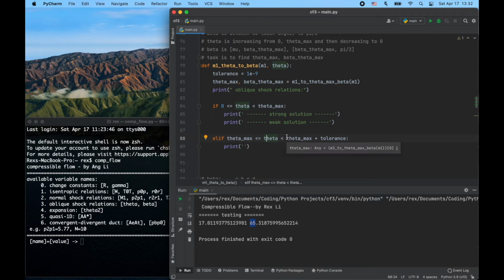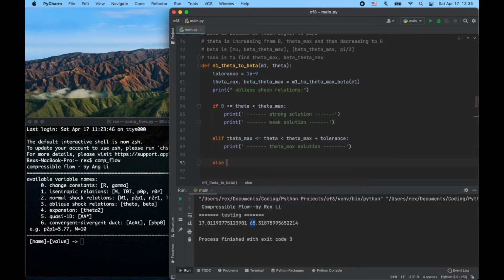That means there's no solution, but there is actually one solution. It's just the theta max solution. So that's why I put a theta max plus tolerance here. Max solution. Okay, this case is really rare, I have never actually used this one. But just put it here in case.